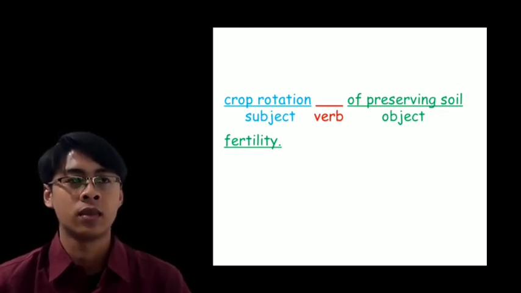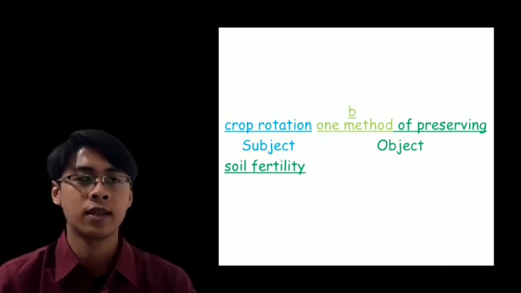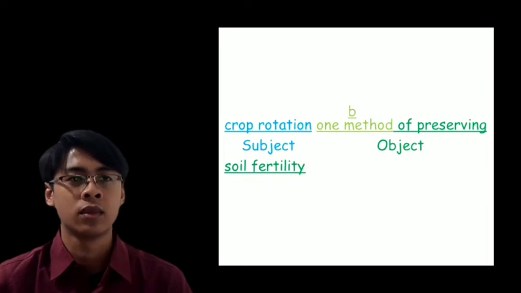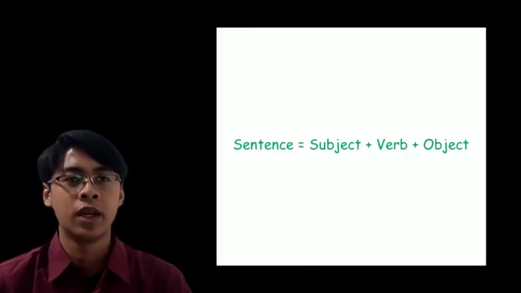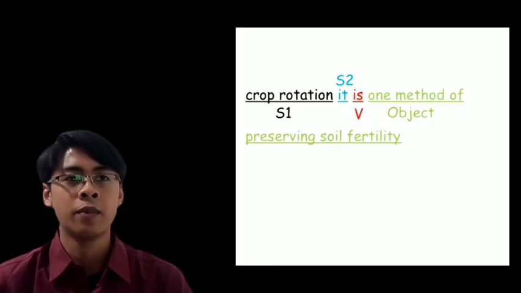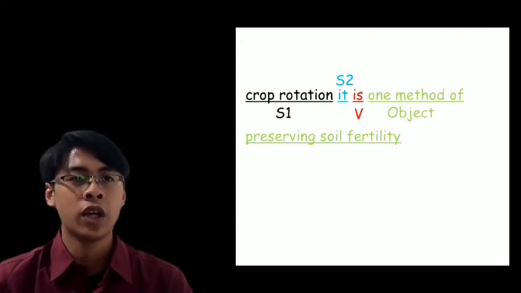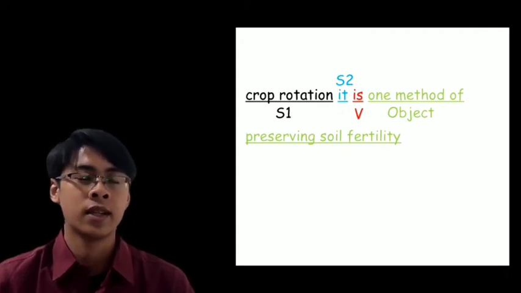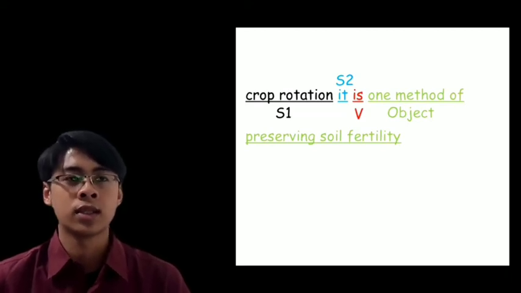And we can eliminate choice B, because if we choose B, that makes the sentence not have a verb. The sentence needs subject plus verb plus object. In option A, we have a verb but have two subjects. We cannot have two or more subjects in the sentence, so option A is the wrong answer.